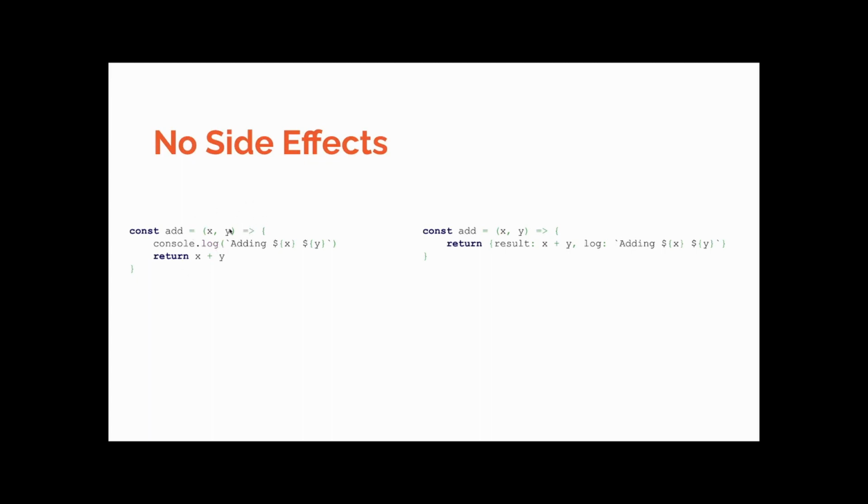So this function has effects on the outer world, whereas this function is doing the same thing, but it returns an object that has a key called result, whose value is the addition, and another key called log, which is the string.